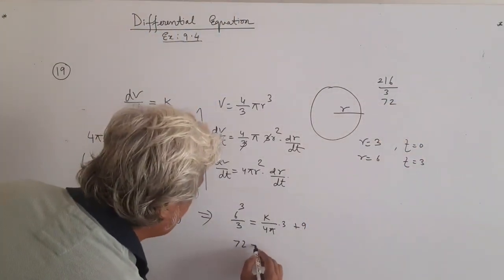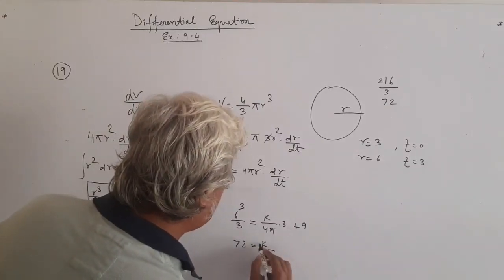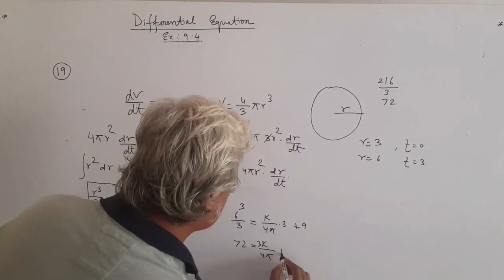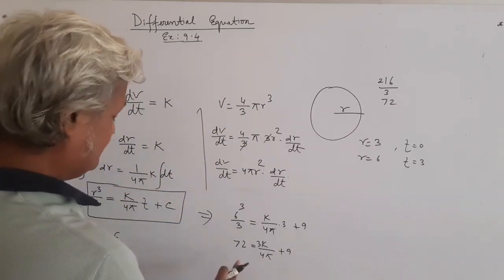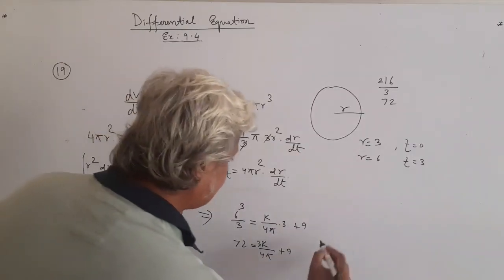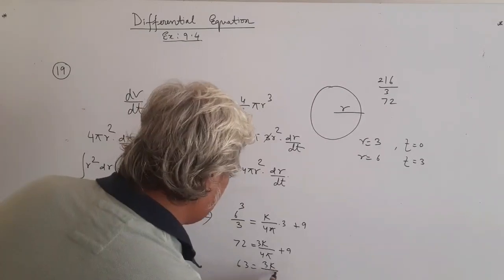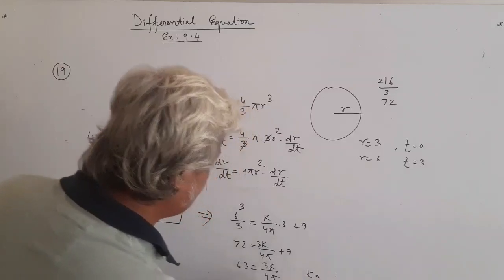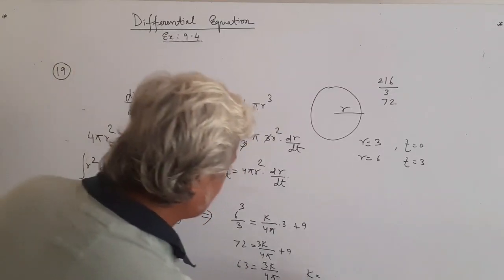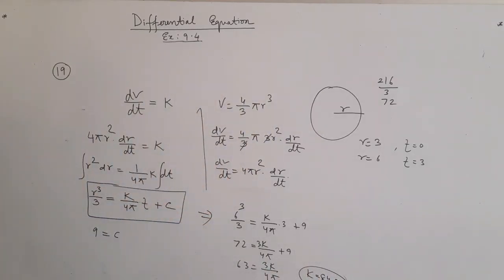So 72 is 3k by 4 pi plus 9. Now I take this 9 to the other side, where it will be subtracted. So this becomes 63. So 63 is 3k by 4 pi, and if you multiply, you get k as 84 pi.